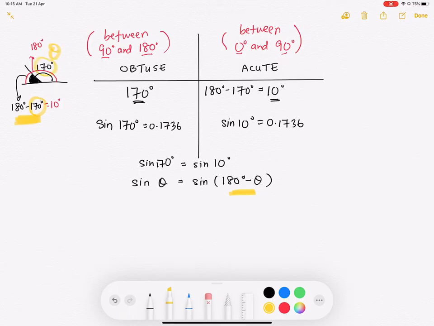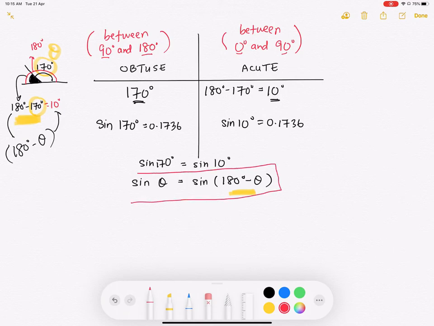So this is 180 degrees minus theta to get the value of 10. So this is the formula that you can remember.